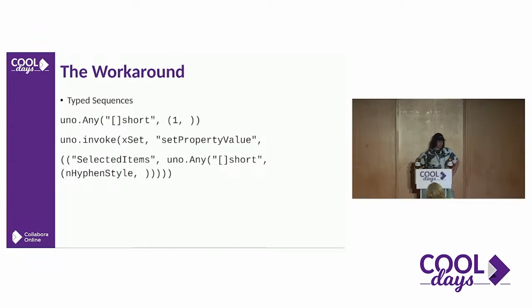So for instance, to create a LibreOffice type of a short sequence, you'd have to go with this UNO any, and you describe the type as a string, and then you pass in a tuple so that it is actually represented correctly on the LibreOffice side. And if you're calling a function that expects something like this, it can get quite huge, as you can see here in the UNO invoke call.